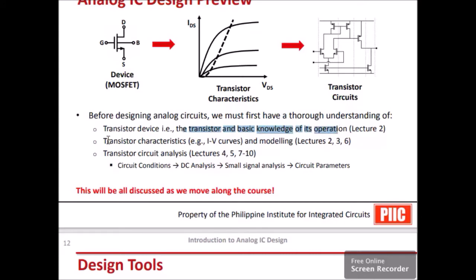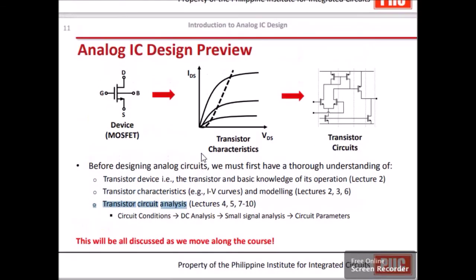And ano ba yung ating transistor characteristic? Ano ba yung relationship niya, yung current and voltage relationship ng ating transistor? And also, yung ating transistor circuit analysis. How do we analyze our circuit? Okay? So, ayun. So, before talaga tayo mag-design, alamin muna natin or kilalanin muna natin si transistor, specifically yung ating MOSFET.